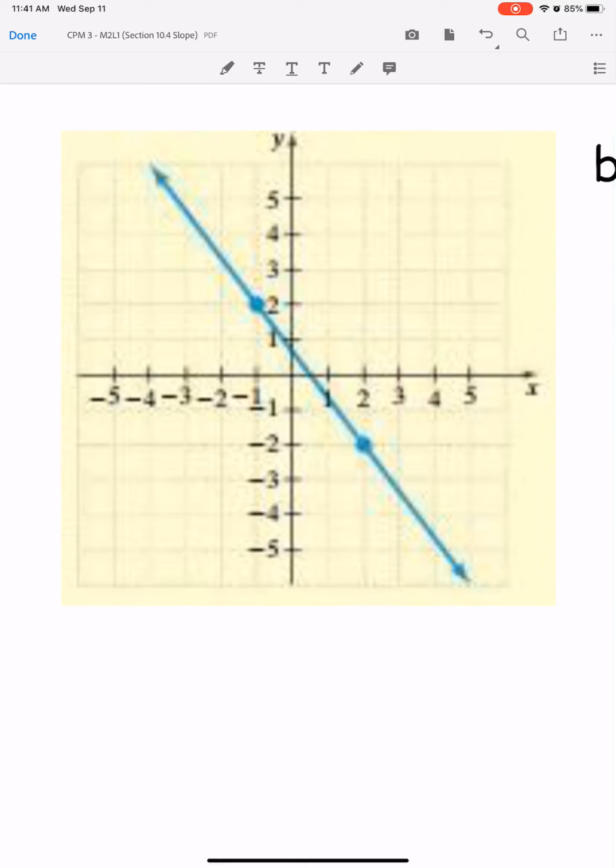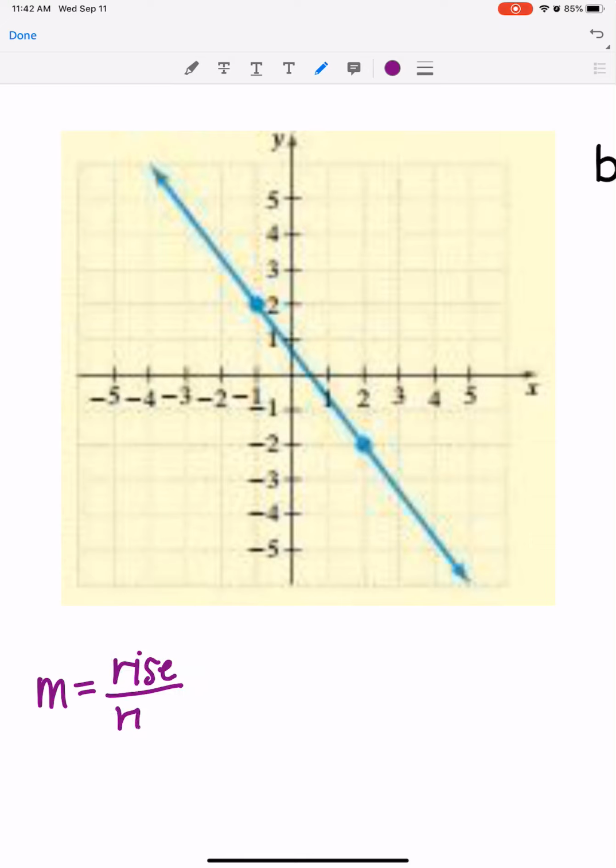Okay, so on A, my slope is, ooh, that's thick. My slope is rise over run. So from the lowest point, how many are we rising, and then we'll calculate how many are we running.